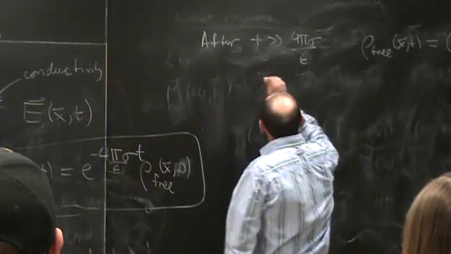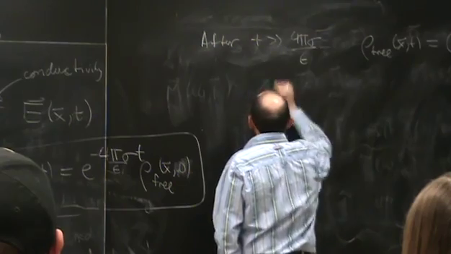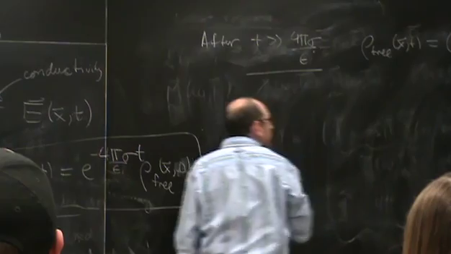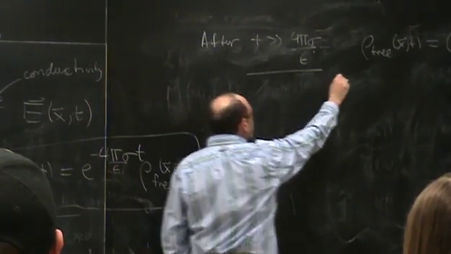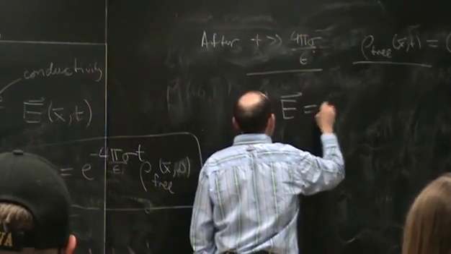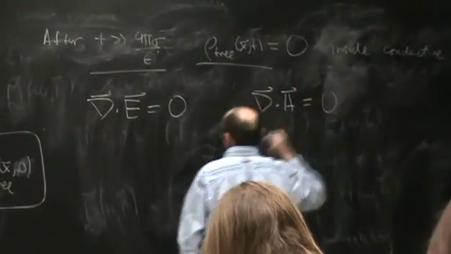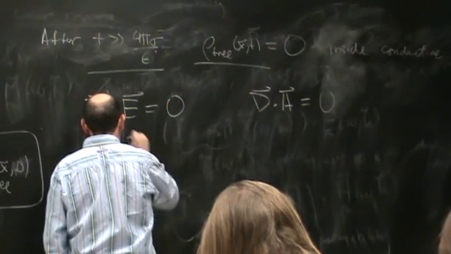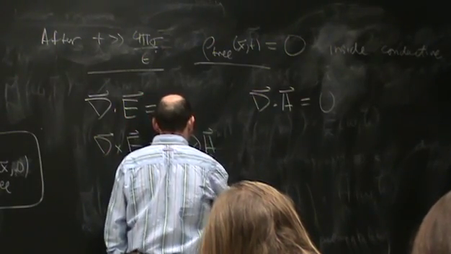So, with that said, if we make the assumption, we have Maxwell's equations after this time scale inside the conductor, and that time scale can be very short. So that now, including this assumption, we still have del dot E is 0. We have del dot H is 0. We have del cross E is minus mu over c dH/dt.